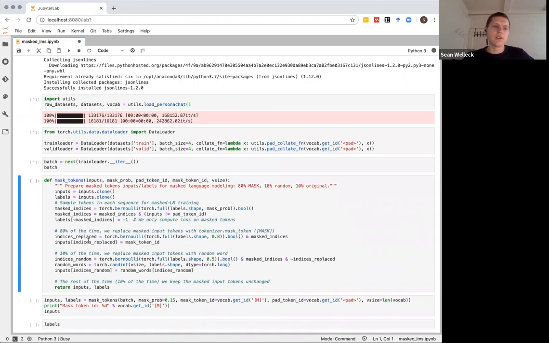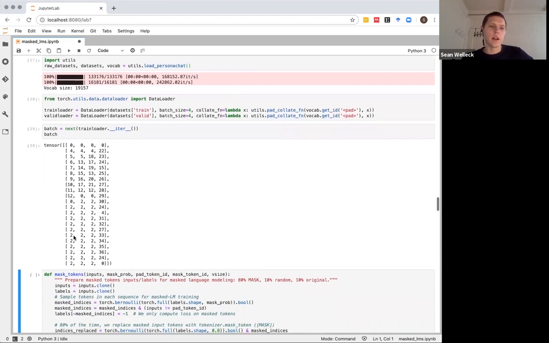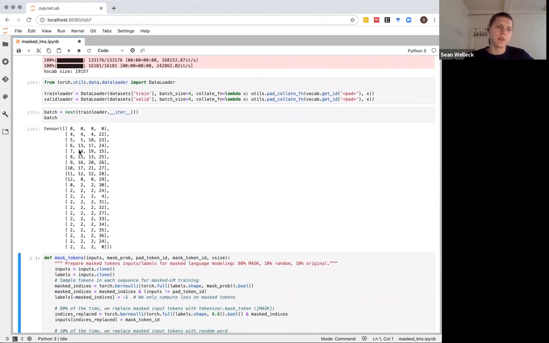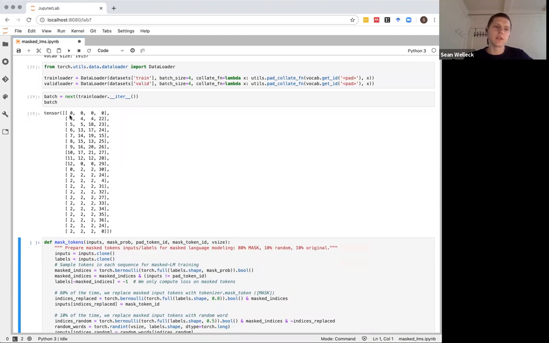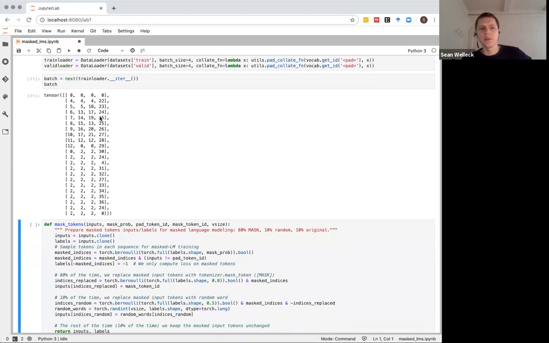So here, again, is just standard data loading. Here's what our input batch would look like. This is going to be the time dimension, and this is going to be the batch dimension. And that's just based on the way that the transformers are implemented.